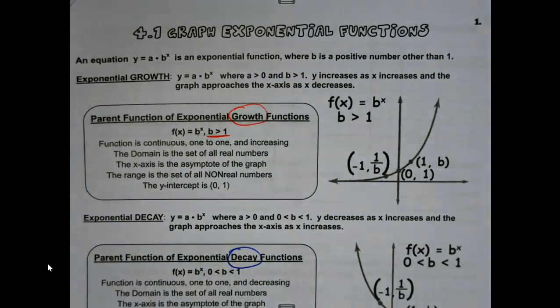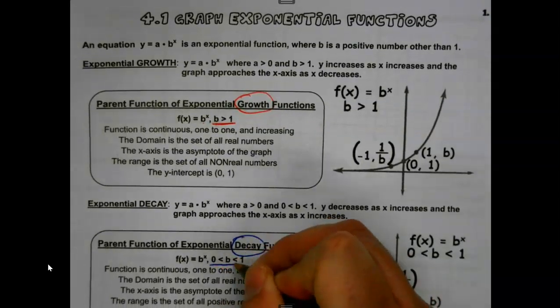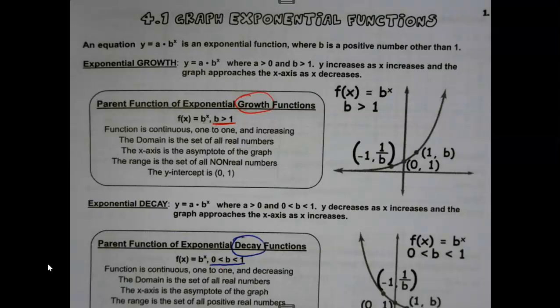Now, does that mean it can't be a fraction? No, it could still be 5 over 4, 3 over 2, something like that. Those are still greater than 1. Whereas if it's decay, it's going to be between 0 and 1. Could be a decimal, could be a fraction. But again, just because it's a decimal or fraction doesn't mean it's going to be less than 1. So that's the main thing to look out for.